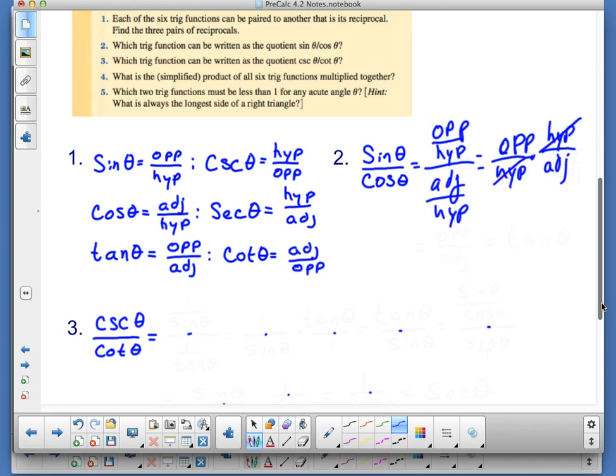My hypotenuses cancel, and my final answer is opposite over adjacent. I'm just using properties of fractions: division is the same as multiplying by its reciprocal. That's what I did there. So sine theta over cosine theta is just opposite over adjacent. Well, which one's opposite over adjacent? Tangent. That's the same as tangent theta.